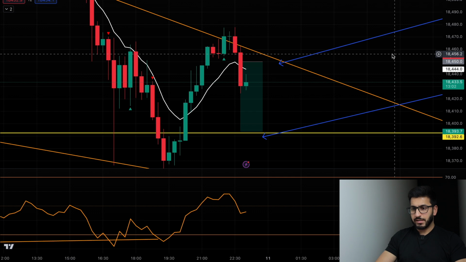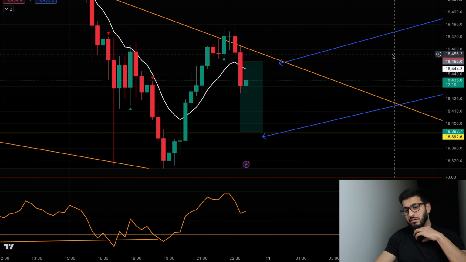I'm just trying to see if it's going to be a reversal from here or still go down one more time and then reverse, because there is a divergence on a higher time frame. Come on. Annoying.